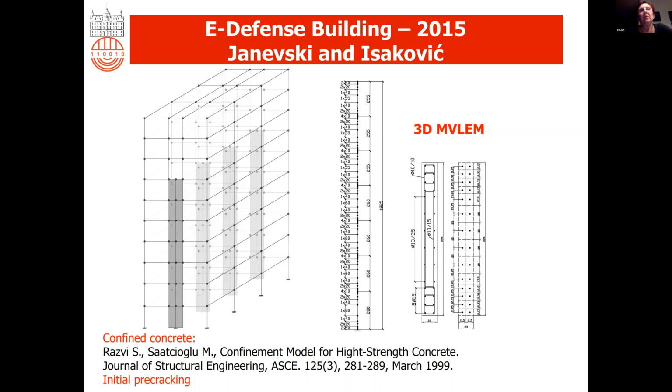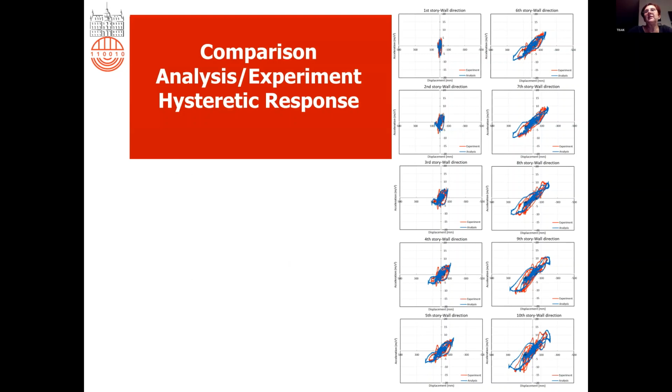Again, the effective width of the slabs was a very important parameter, which defines the overall response. In the upper stories, the effective width was obviously larger than in the first 7 stories. When we took this into account, we obtained quite good results in global terms.